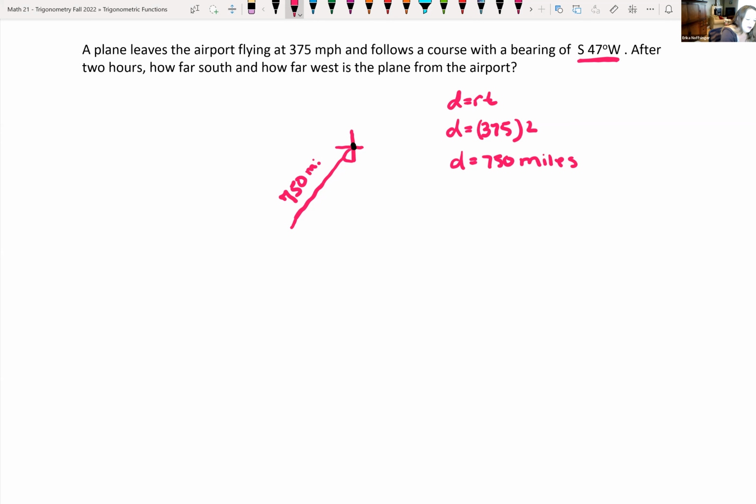So after 2 hours, we want to know how far south. So we know this line here, did they fly? And how far west did they fly?